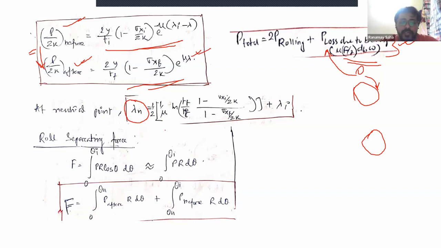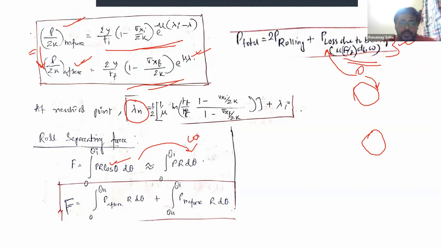So you can find lambda through this particular expression, and once you have got that, the roll separating force becomes easy. So let P be your pressure, then P R cos theta d theta. Here we are not considering theta small, and here again we are taking theta small. So cos theta goes away and becomes 1.